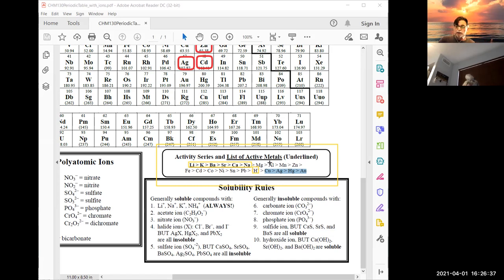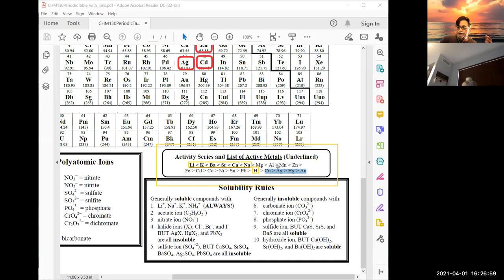The other ones after the ones in bold, that means after sodium, when you get magnesium, aluminum, manganese and zinc, those can react, but they require more aggressive conditions. They require more acidic conditions to get those to react. And we'll have some examples of that too.